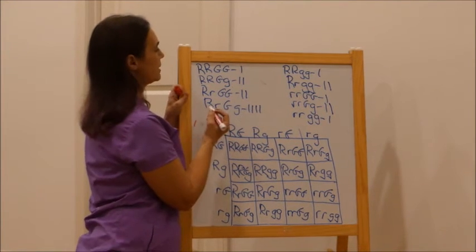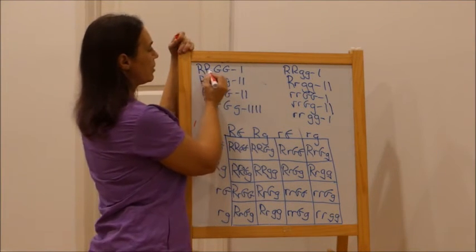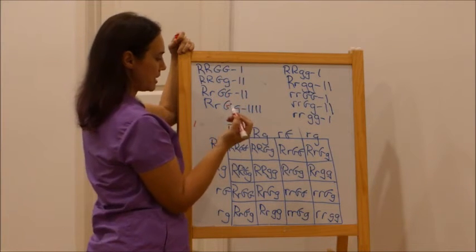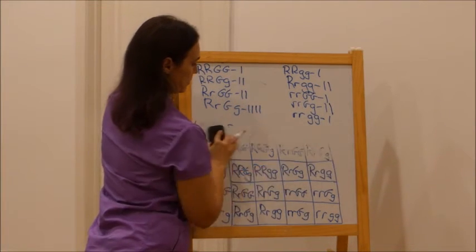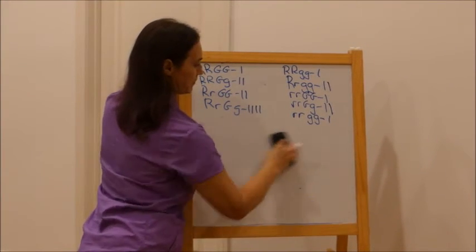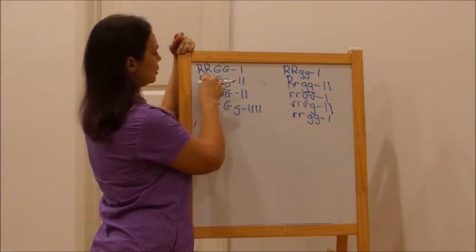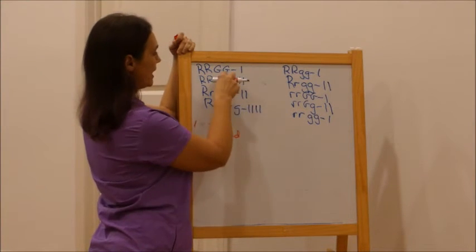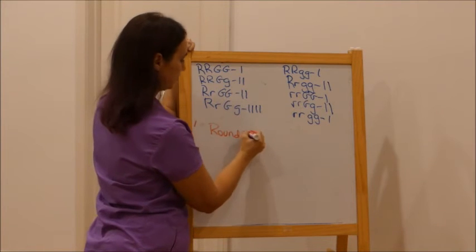All right, so this one is capital R, capital G, g. All right, so we're done with this. I'm going to erase this. All right, so this one is round and green.